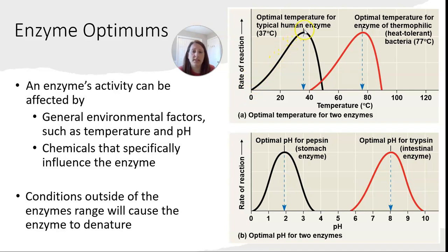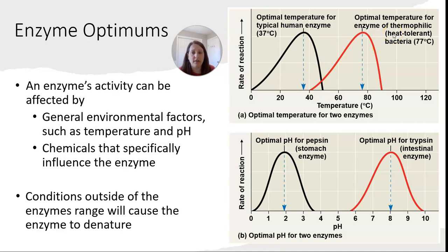When we get to 37 degrees Celsius around here, we hit this very high enzyme activity. And then if we go above 37, enzyme activity drops off really rapidly. So it's this part, when we get to like 40, 45, 50 degrees Celsius at a max, enzymes here will denature. The heat will cause them to unfold.